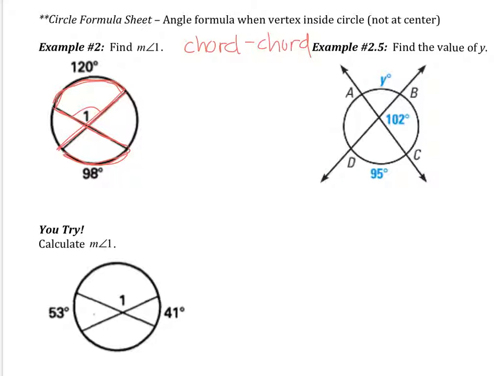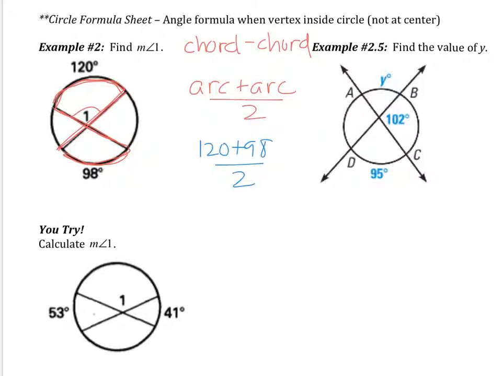And the way that we're going to do this is we are going to simply do arc plus arc divided by 2. We're going to find the average of the arcs. That's going to give us the angle inside. All right, so if we do that with the numbers we're given, 120 plus 98 divided by 2.